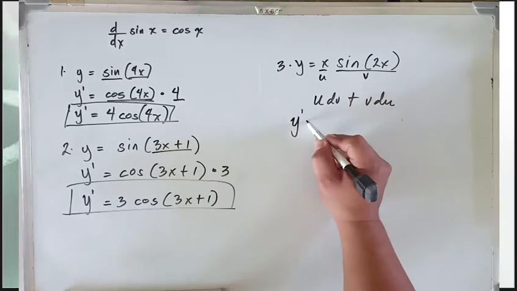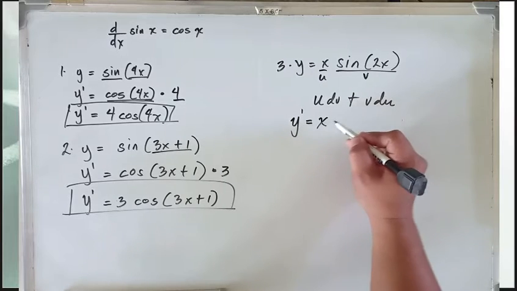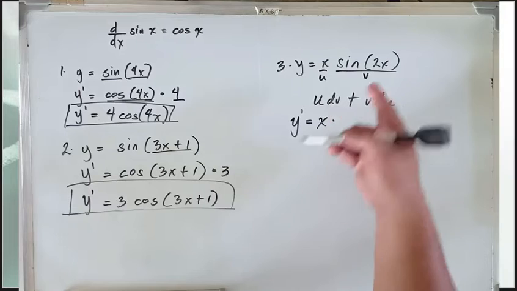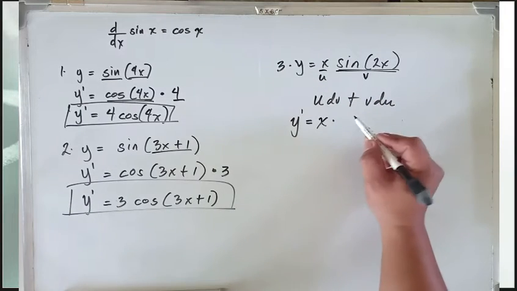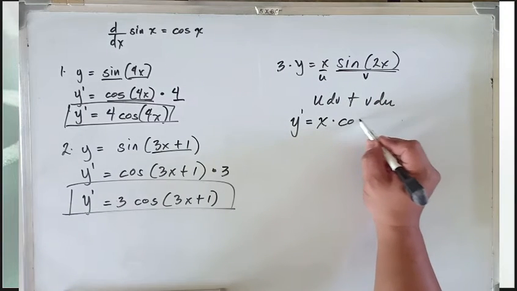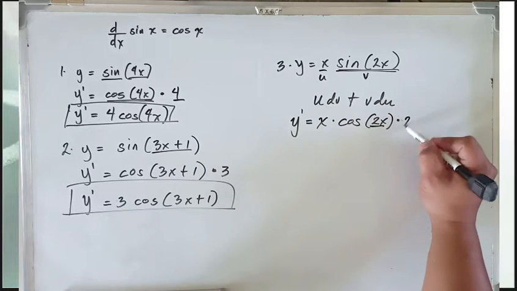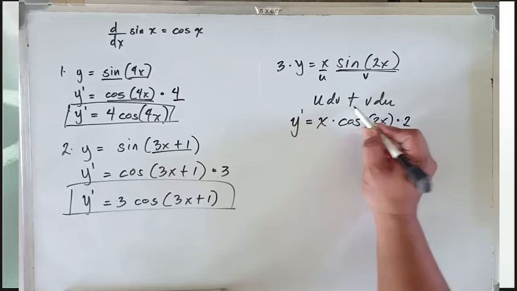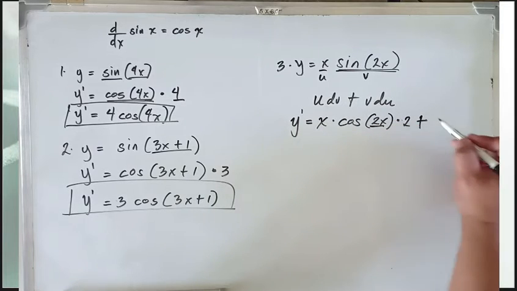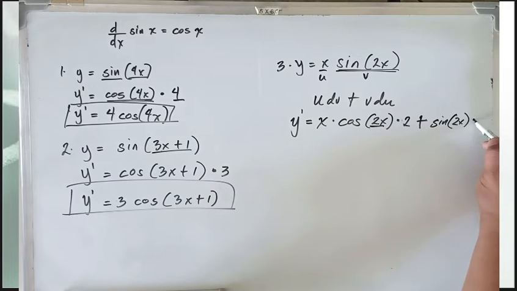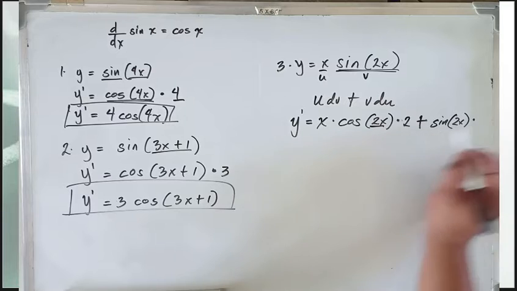Now let's do it. Y prime is equal to, what's your u function? That's x times the derivative of the v function. What is the derivative of sine of 2x? That's cosine of 2x. Multiply the derivative of this. Don't forget 2. Going back to the product rule, we have plus, copy your sine 2x times the derivative of x, which is 1.